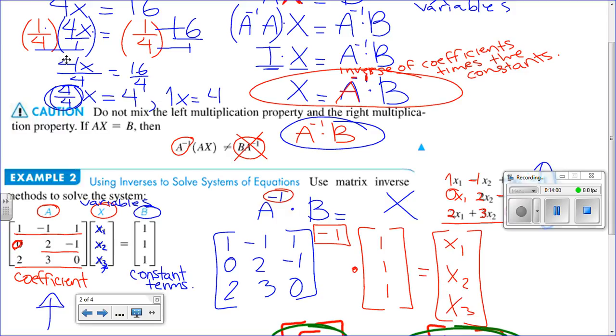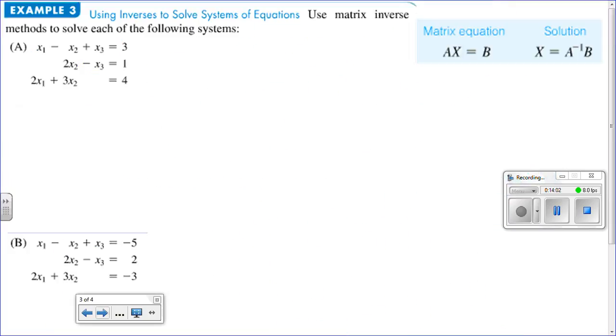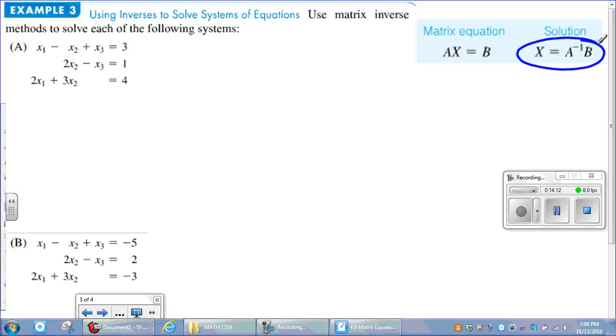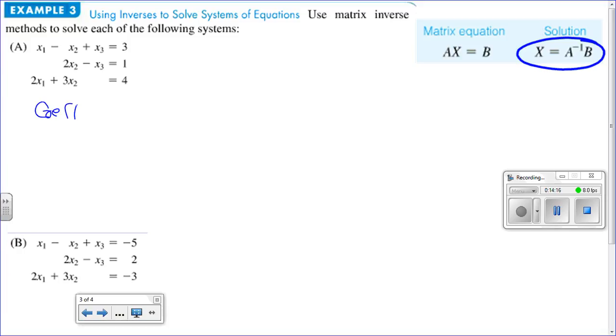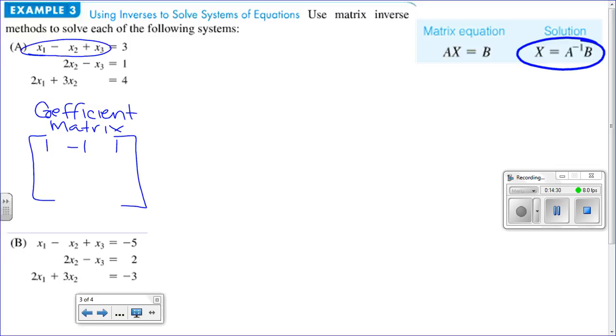So let's go to the next slide. Okay, so we're going to use the same idea. Remember here, and this is how you will find your solution. So let's construct the coefficient matrix first. And so that will be 1, negative 1, and 1. I'm looking at the coefficients of this first row.